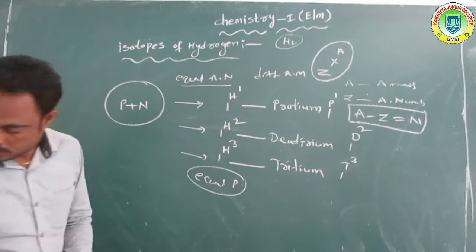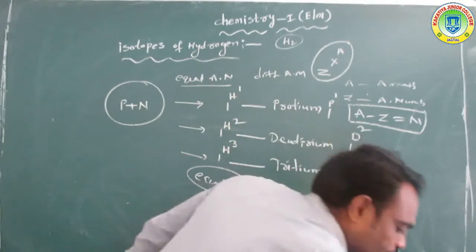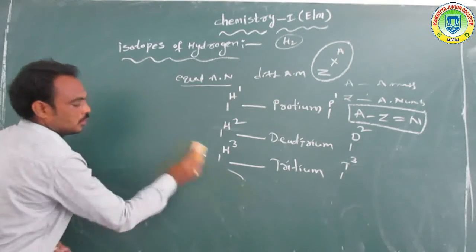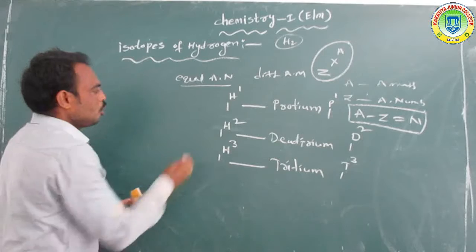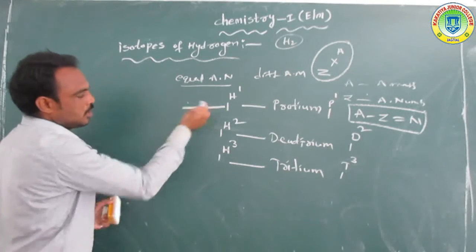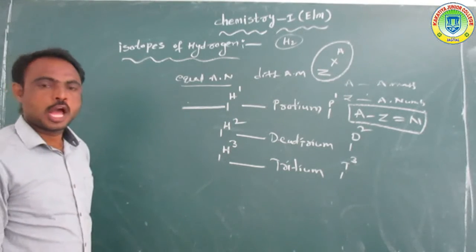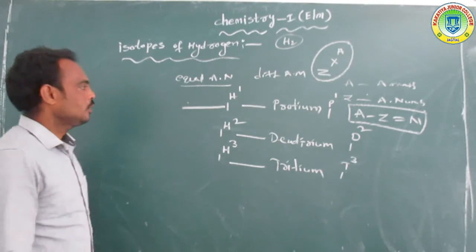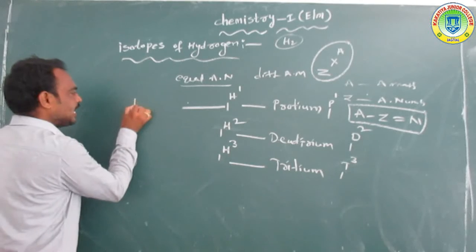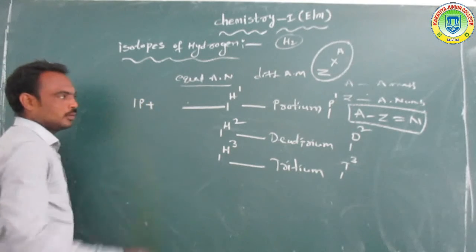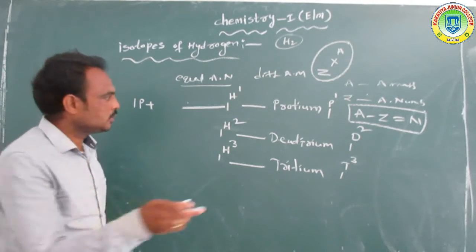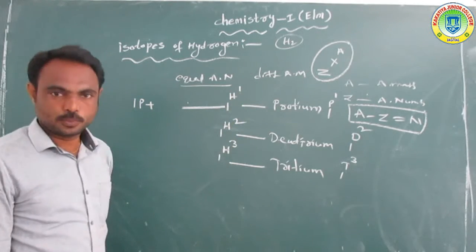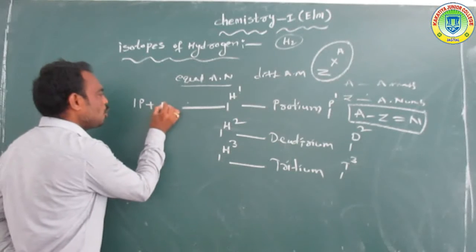Suppose 1H1: how many protons, how many neutrons? We already know it contains one proton, and neutrons are 1 minus 1, which is 0. So 0 neutrons.